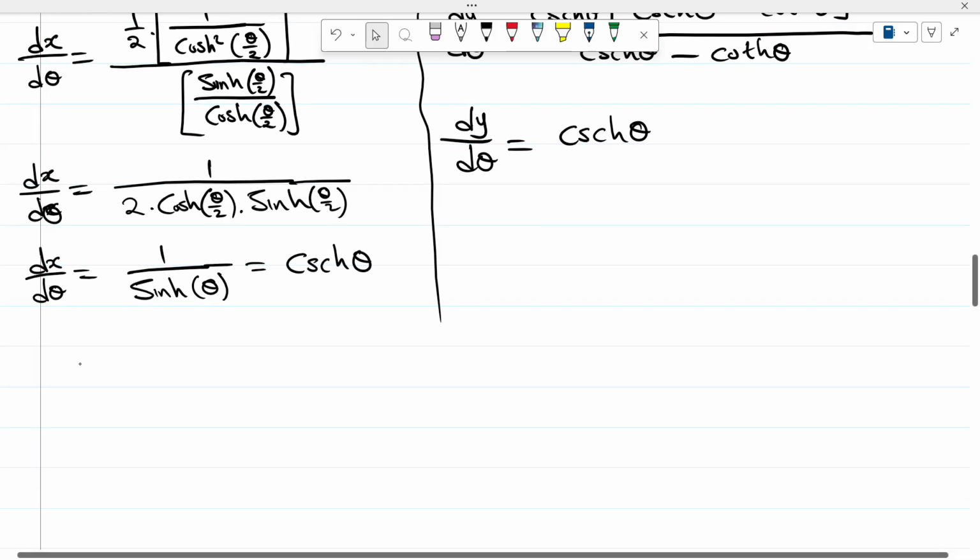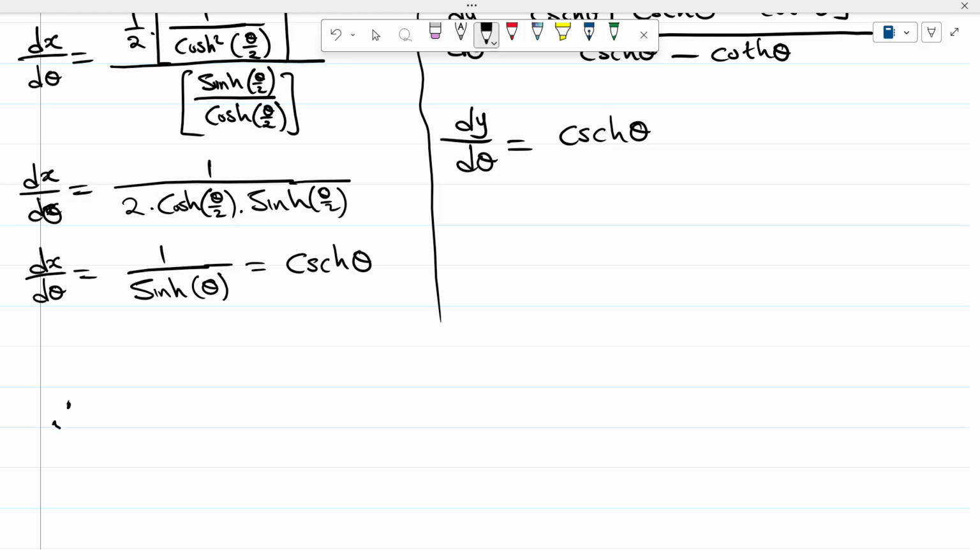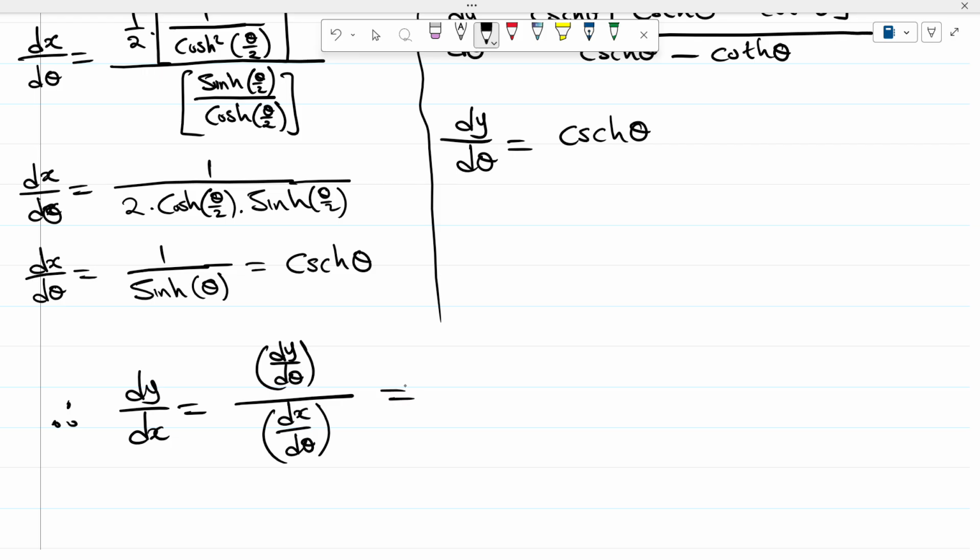So we were told to look for dy dx. We will just substitute into this formula of dy d theta all divided by dx d theta, just like that. And then we substitute. We now have dy d theta and dx d theta.